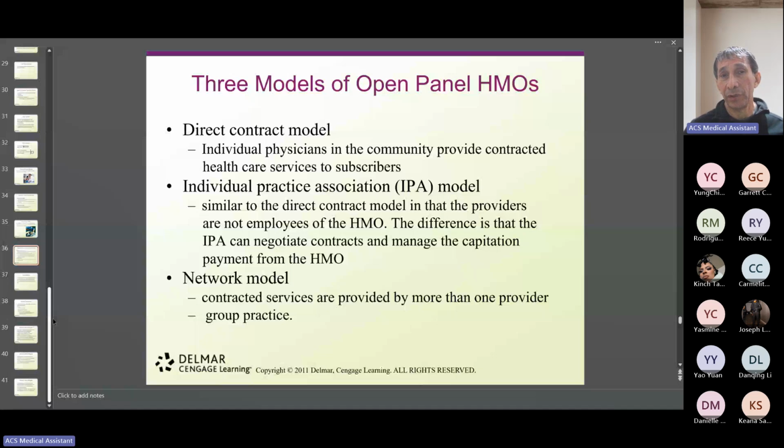So those are the things that we need to understand: the HMOs are these insurance companies, or a managed care organization, that has all these insurances within and limits the services that the patients can access. The purpose was to cut down the cost of the services.